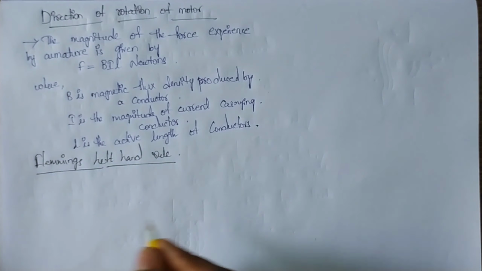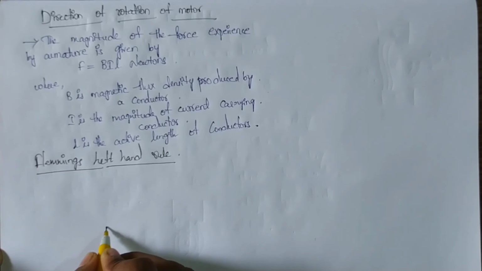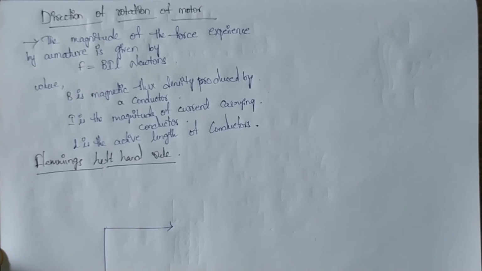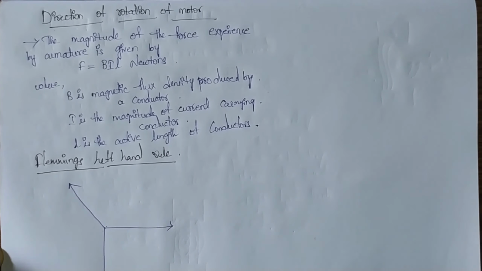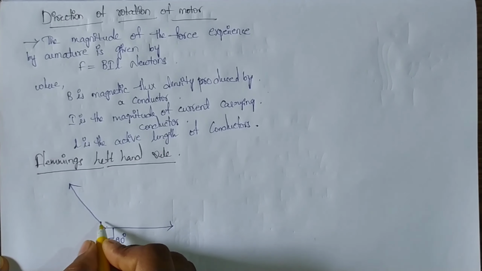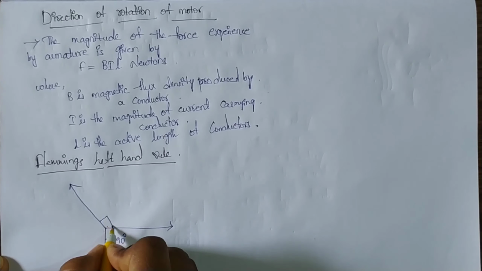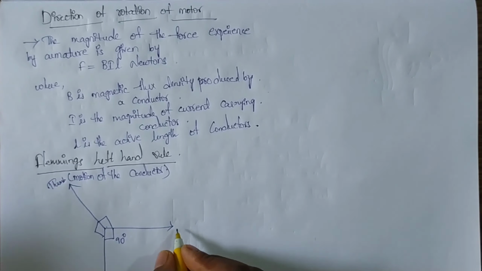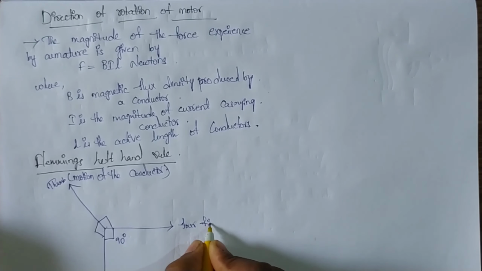For your better understanding, I am drawing a picture here that you can observe. Like this, the three fingers of the left hand are stretched perpendicular to each other at an angle of 90 degrees. This is the thumb finger; it represents the motion of the conductor. This is the forefinger; it represents the direction of the magnetic field.